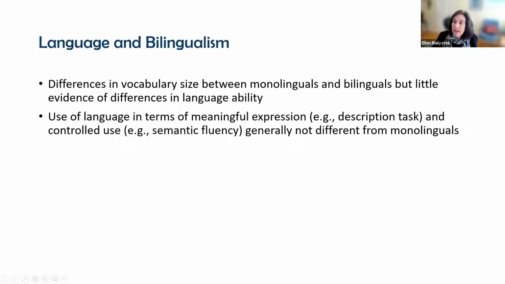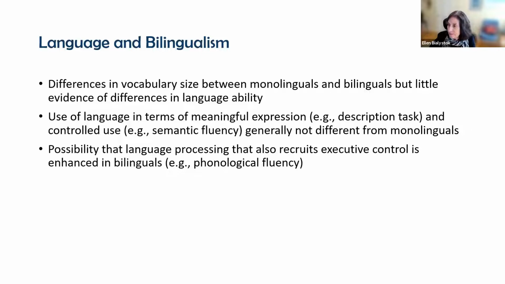So the use of language in terms of meaningful communication and controlled access, generally not very different from monolinguals. And then there is, of course, the possibility that language processing that also recruits executive control might be enhanced in bilinguals on phonological fluency. And here the evidence is simply that they closed the gap.